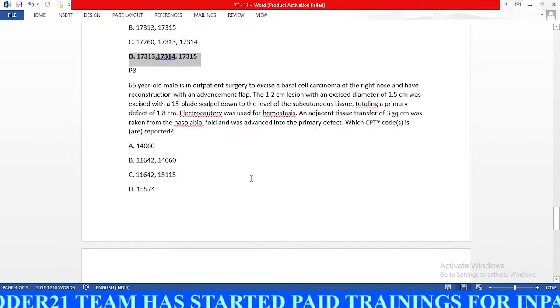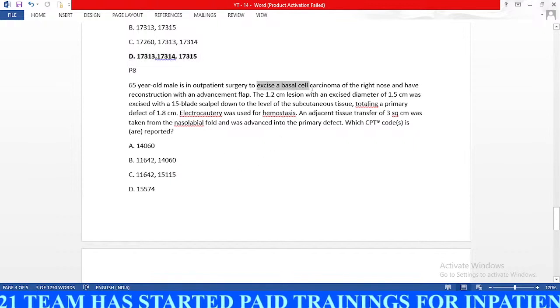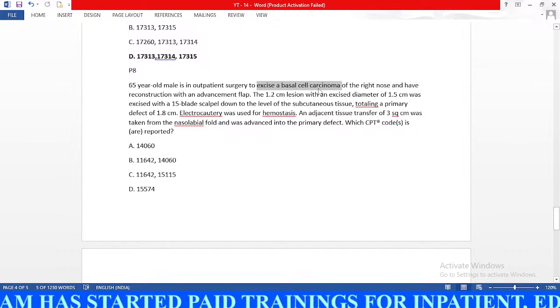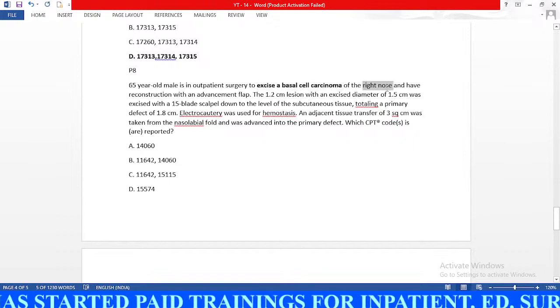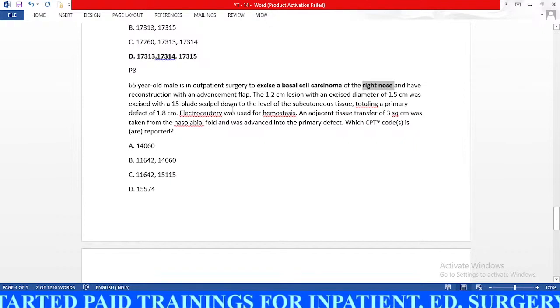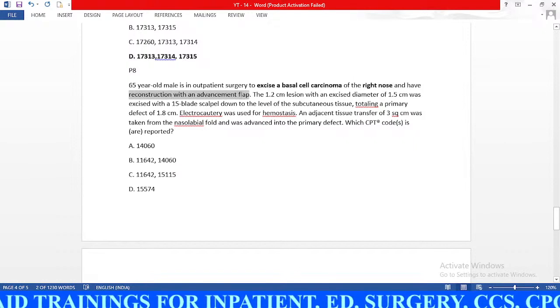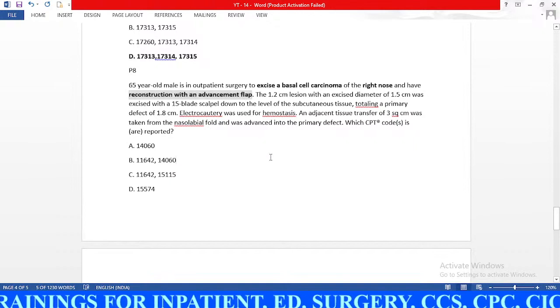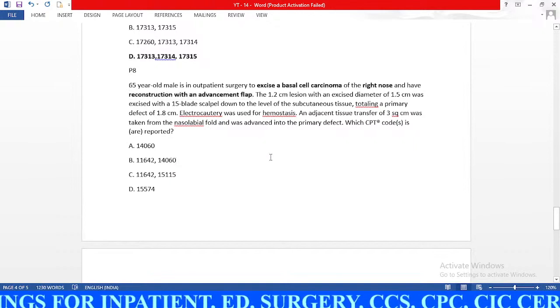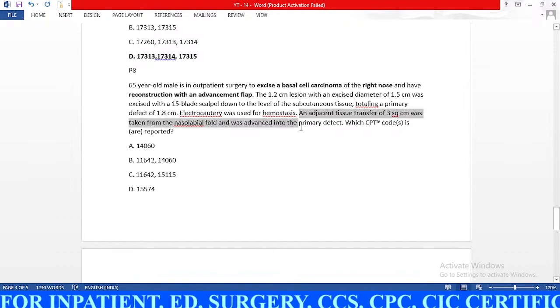So we'll discuss the answer now. Here also our diagnosis is basal cell carcinoma on the right nose, and have reconstruction with an advancement flap. Basically, here is one important guideline.